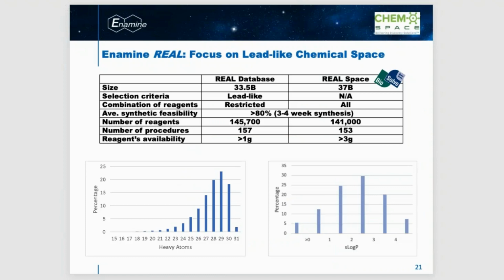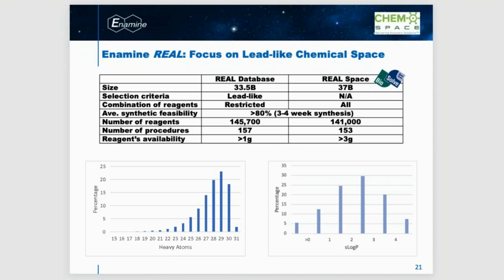Just a few words about the difference between the database and the space. So when we create the database, we're still trying to focus on lead-like chemical space, and we use the restricted combinations of reagents during the enumeration. The synthetic feasibility is over 80%, and the molecules are typically synthesized within 3 or 4 weeks.